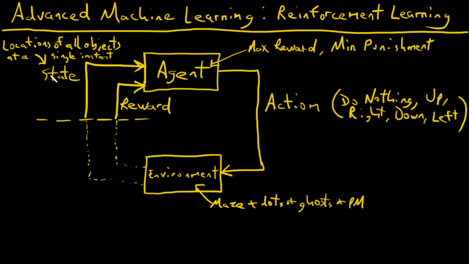It is literally like you take a screenshot of the screen. That's the state. Okay? Now, the reward. The reward is the feedback that the agent receives from the environment after performing an action. Okay?